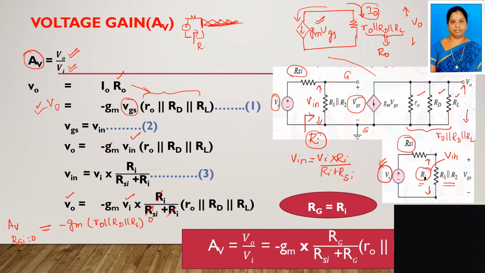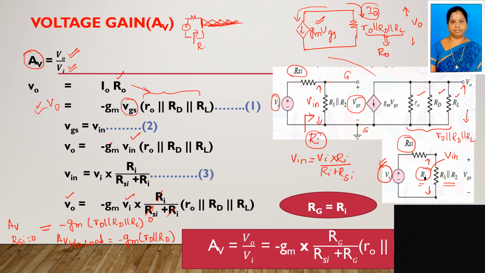This is the gain formula you get if Rsi is 0. Suppose in the same problem RL is not given, meaning without load. Then the formula becomes minus Gm into ro parallel to Rd. Like that you have to take it.